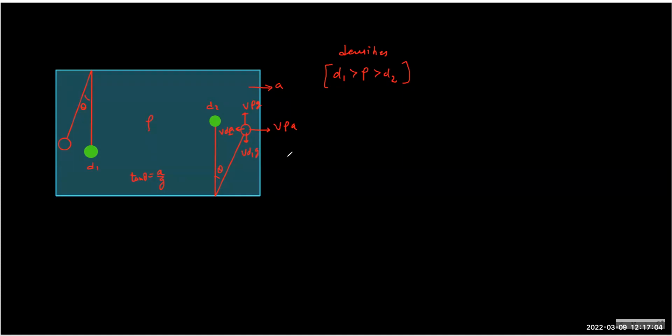And because the density rho is more than d2, you can see the net force will be V (rho minus d2). Why would it be d1?